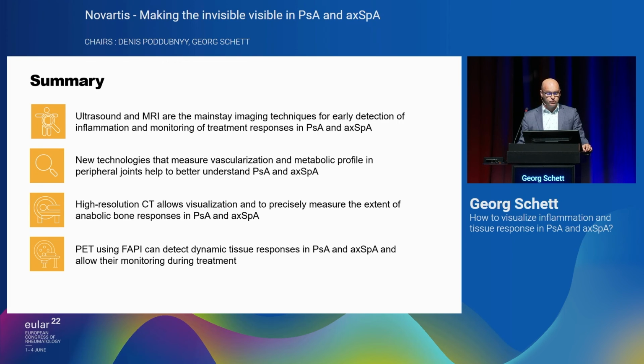Then there is high-resolution CT, which allows the visualization of anabolic bone responses in PsA and axial spondyloarthritis. And finally, there are new PET technologies which allow us to segregate inflammation from tissue responses in the disease, and actually probably allow much shorter and much smaller trials to look at the effect of certain drugs on the tissue response.